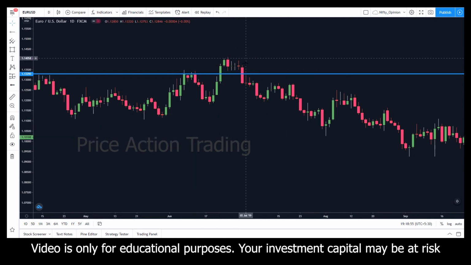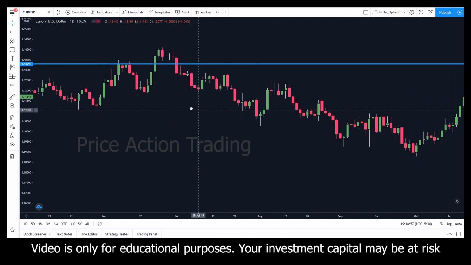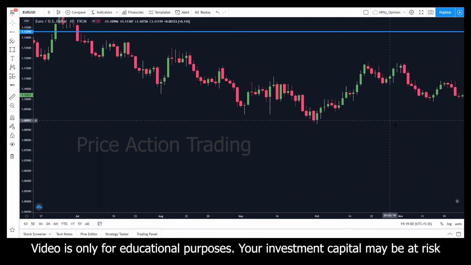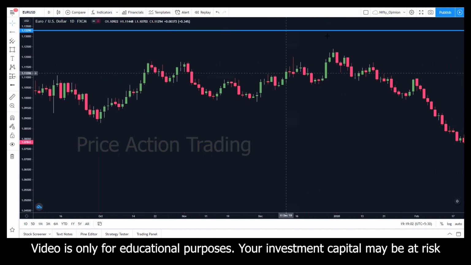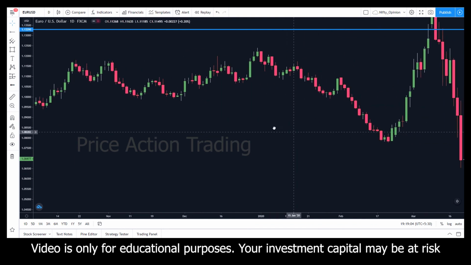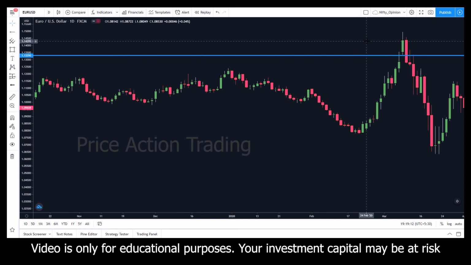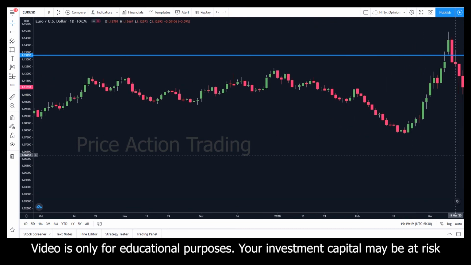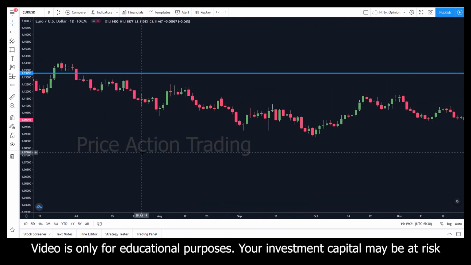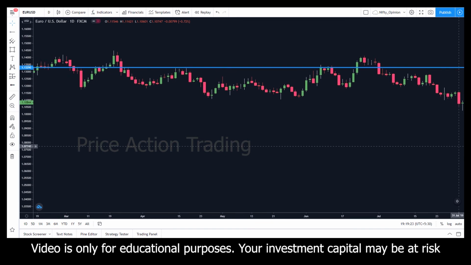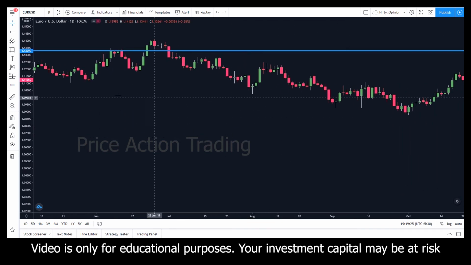Now see, once this level was broken, the market kept on going, and it did not touch. And if you see, the market again touches this. When it touched this level, it was a big candle, and it still could not sustain that level, and it fell down. So the longer the time frame from that level, the stronger the level is.